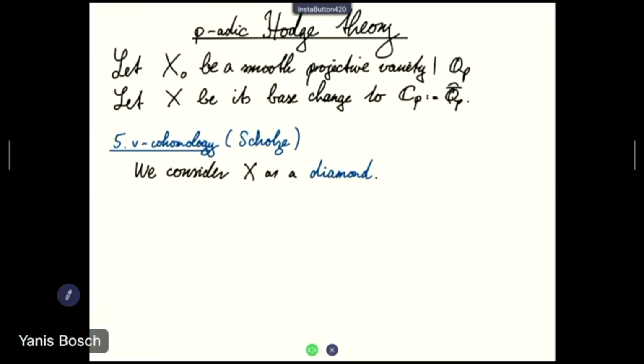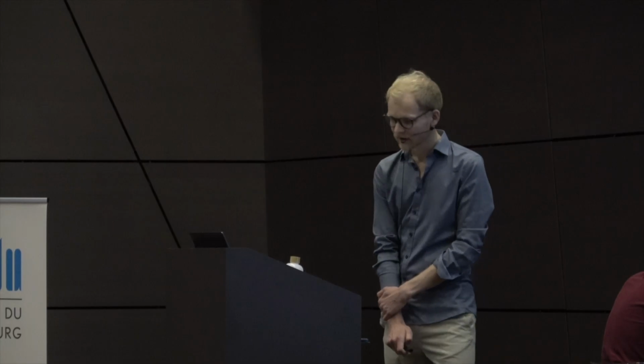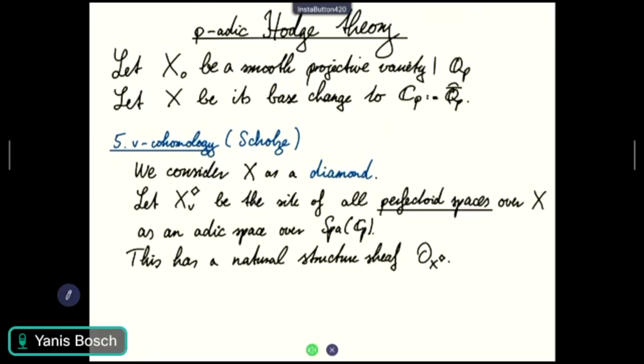Okay, so we consider X as a diamond. What does this mean? What it means is that instead of asking what X looks like when I'm a simplex, I ask what X looks like when I'm a perfectoid space. Okay? And it really doesn't matter for now what perfectoid spaces are. They are some huge, infinitely ramified p-adic objects. But whatever they are, they come up naturally, also in number theory, and I can consider all of them. So the site of all perfectoid spaces over X. So once again, instead of testing by simplices, I test by perfectoid spaces.